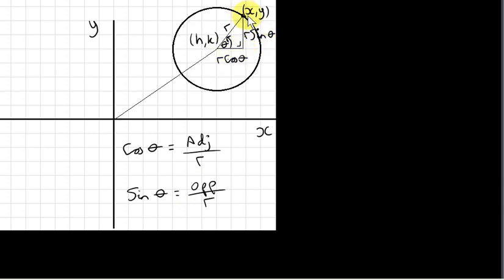Now let's look at x. Well, we see that the distance from the origin to this value here is h, and the distance between here and here is r cos theta.